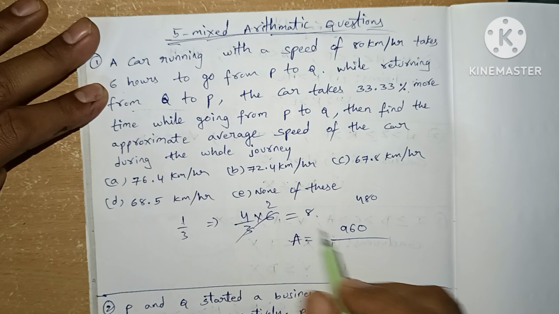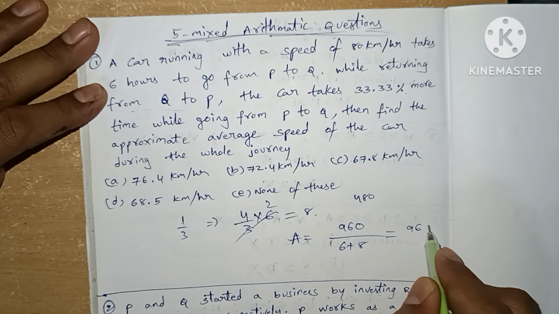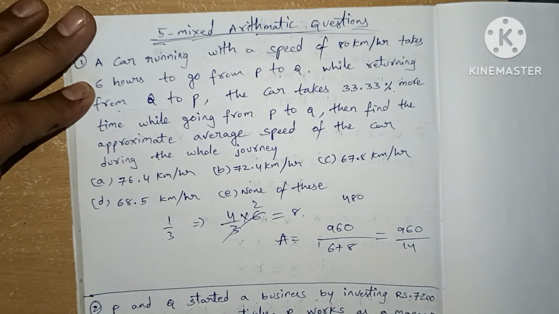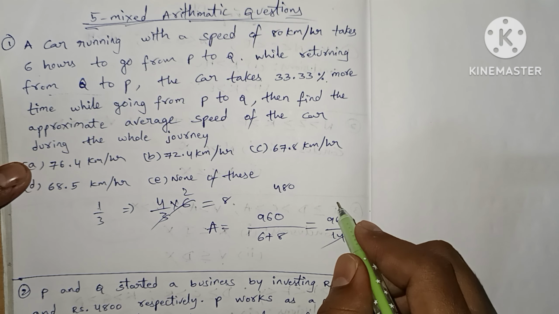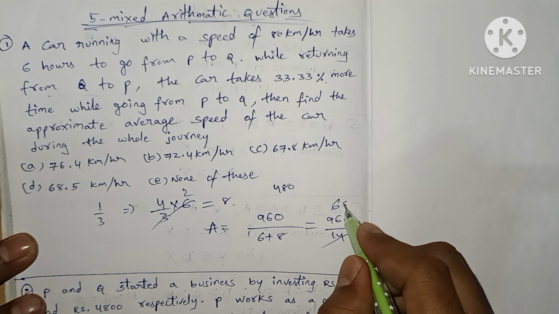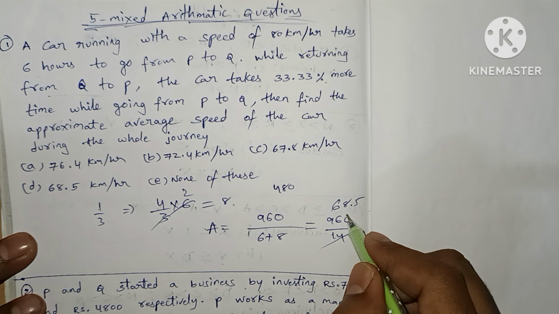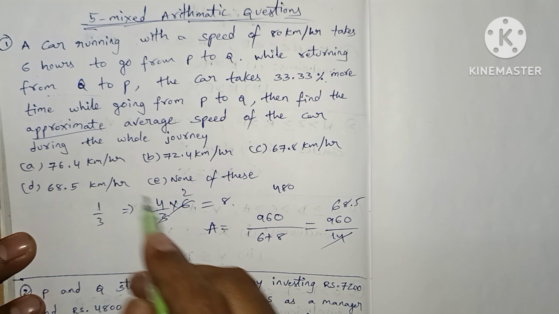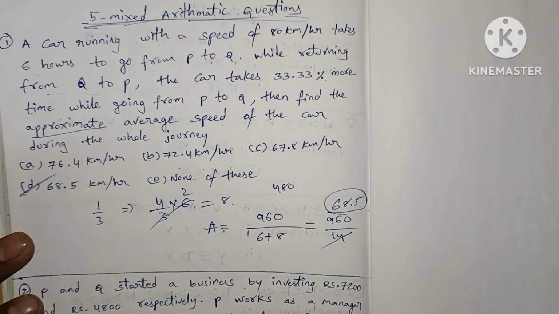Here it is 6 hours plus 8 hours, so total 960 divided by 14. 14 times 6 is 84, and we'll do 8 times and 0.5 times, and it is an approximate value, so 68.5 is our answer. Option D.